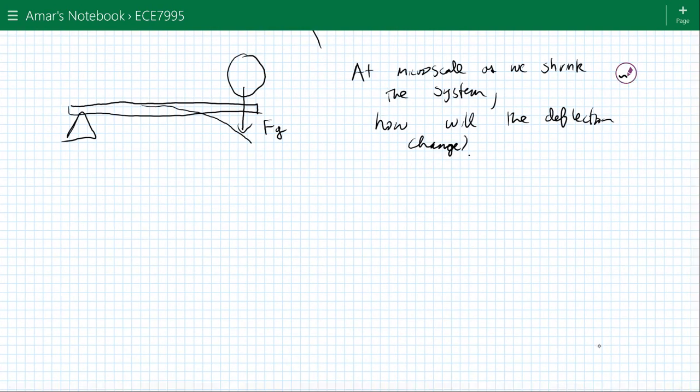For the deflection, there's Hooke's law: force is equal to K times X, where X is the deflection, this is the force, and this is the spring constant.